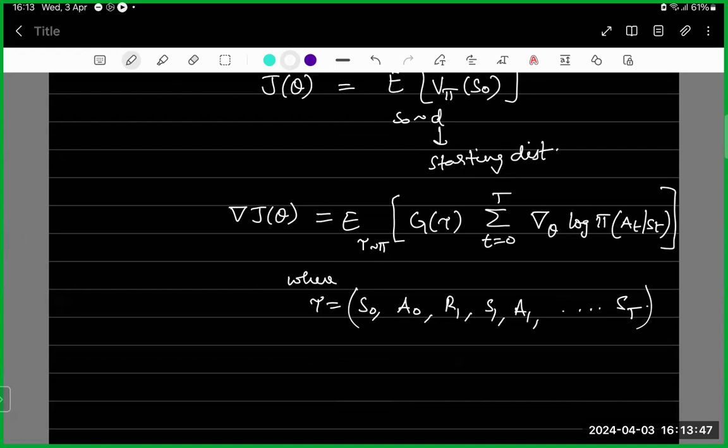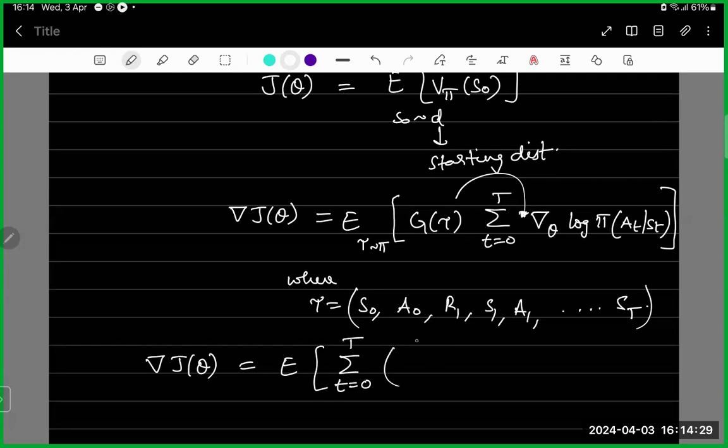So what is G tau here? G tau is R1 plus gamma R2 plus gamma squared R3, and so on. So I can write del of J theta as the expected value over tau, and put G tau inside the summation.